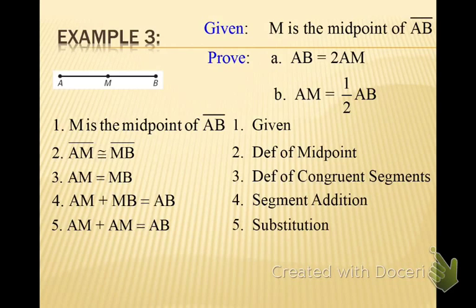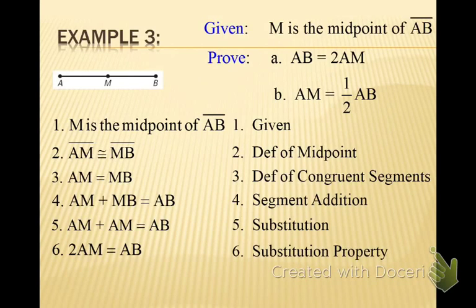And that's substitution. Then we have to combine like terms. AM plus AM is 2AM. All right? 2AM equals AB. One of the things we had to prove. That's substitution as well. I'm replacing AM plus AM with 2AM. So I proved part A.